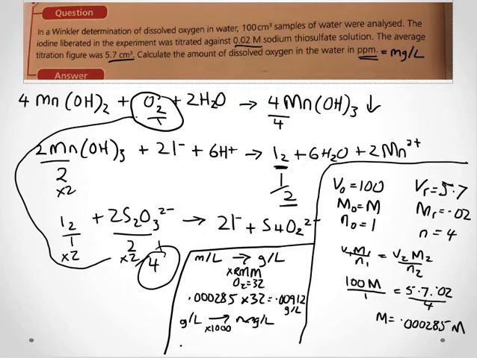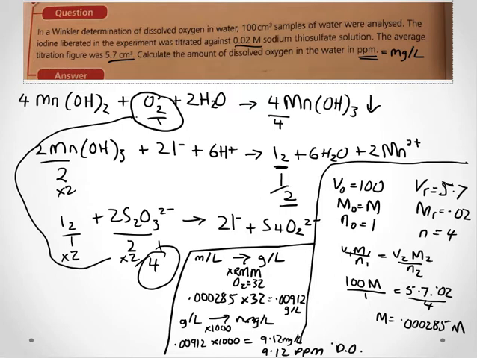So if I take my 0.00912 and I multiply that by 1,000, I get 9.12 milligrams per litre. So if I have 9.12 milligrams per litre, I have 9.12 parts per million of dissolved oxygen.